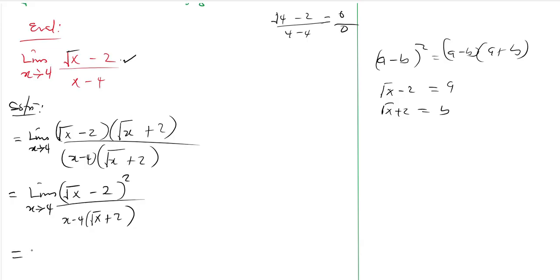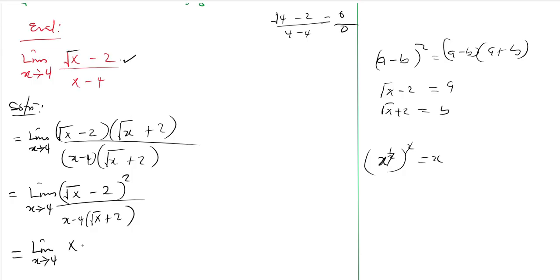And this will give us the limit as x approaches 4. Now root x squared will give us x. You still remember how we got that? Root x is the same thing as x to the power of 1 over 2. If you square it, 2 cancels out 2. We are left with x.